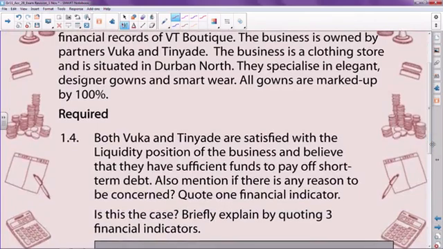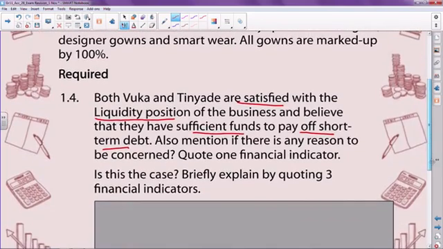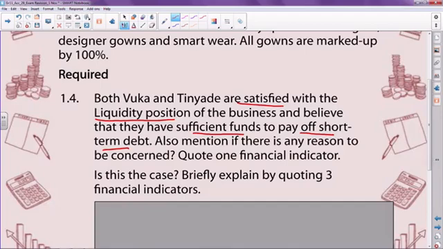The next question that is given, 1.4: both Vuka and Tanyade are satisfied with the liquidity position of the business and believe that they have sufficient funds to pay off short-term debt. Also mention if there is a reason to be concerned, quote one financial indicator. This is obviously a bit of a mix-up, so I'm going to read this one more time.